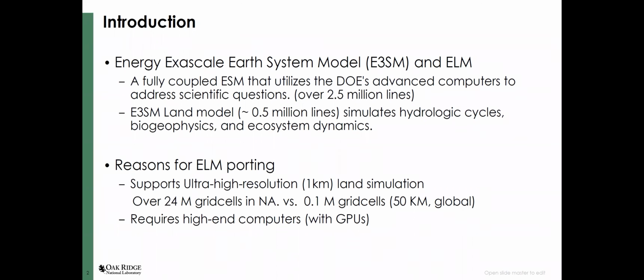But what we're trying to do is ultra high resolution at 1 kilometer by 1 kilometer. Even for a small region like North America, it's going to use over 24 million grid cells. That's 240 times larger, and that definitely requires high-end computers with GPUs.